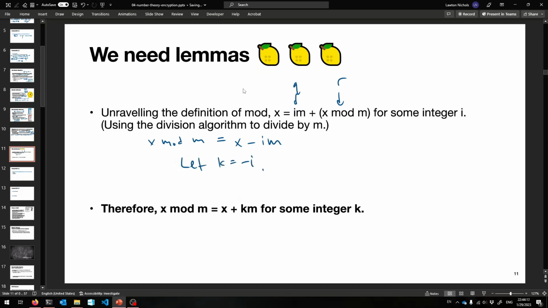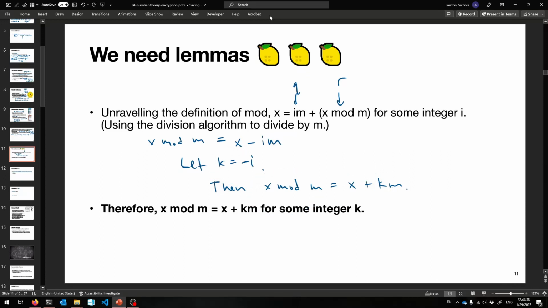And now, just by funny math, if you plug in k for negative i, then x mod m is equal to x plus km. Isn't that funny? So there's just another integer that I can call k, and I can add that by multiplying it by m to x to get x mod m.